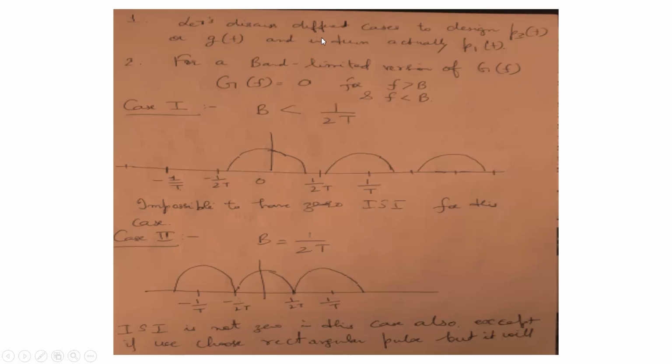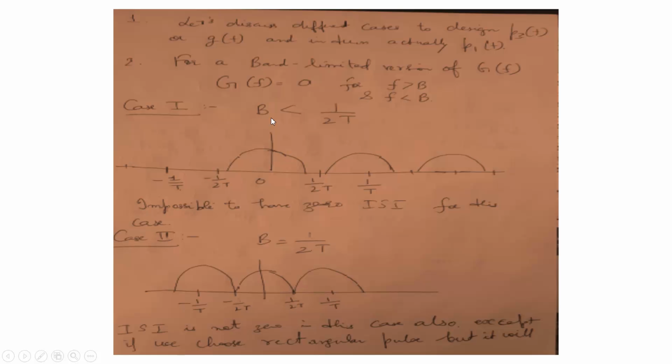Let us look at some cases for g(t), for which in turn we are actually looking for p1(t). What should p1(t) be, so that when it results in g(t), the summation of all the spectra results in a constant value? G(f) is equal to 0 for a band limited version of G(f): outside the bandwidth it has to be 0, and within the bandwidth it has to be some expression.